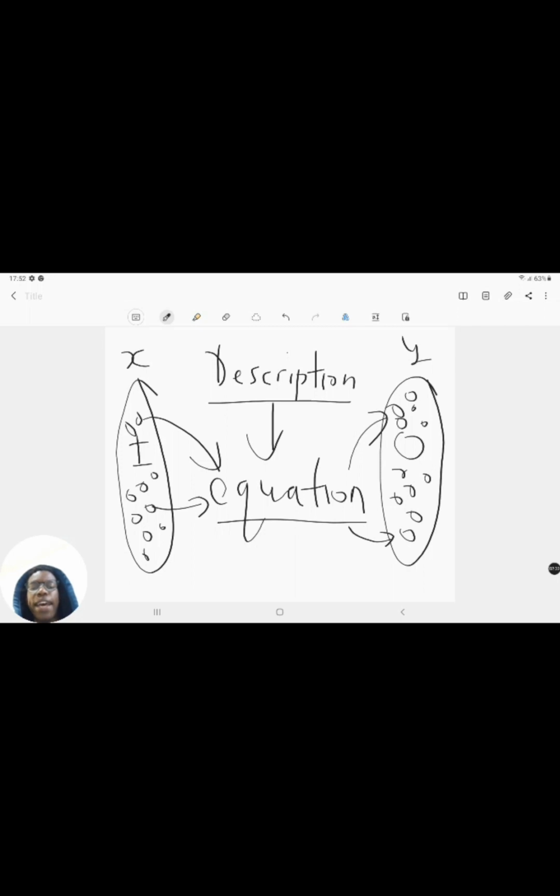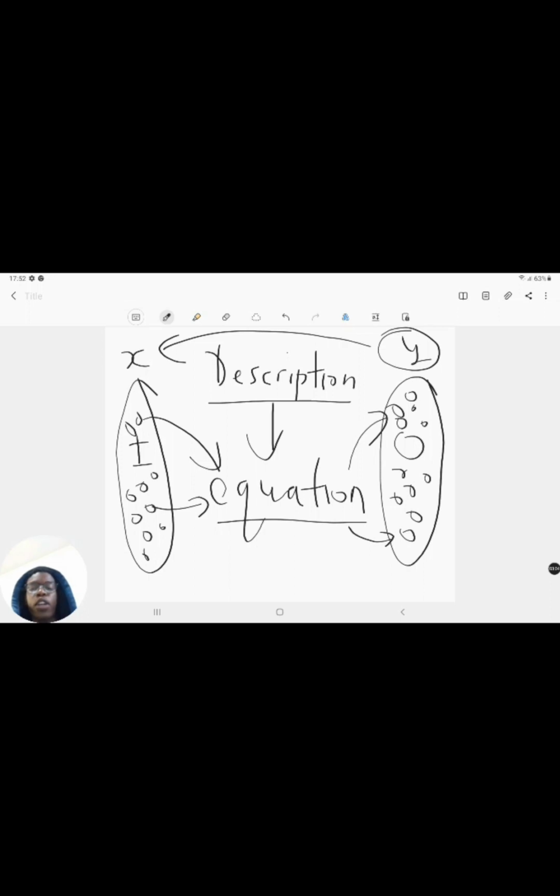Now, you can have more than one input value, in other words, more than one x for the same output value, and the inverse is also true. You can have more than one y for the same x value, or for more than one x value. There are terms for this, like many to one and many to many, but I'm not going to get into it in this video. I think it's only going to be more confusing.